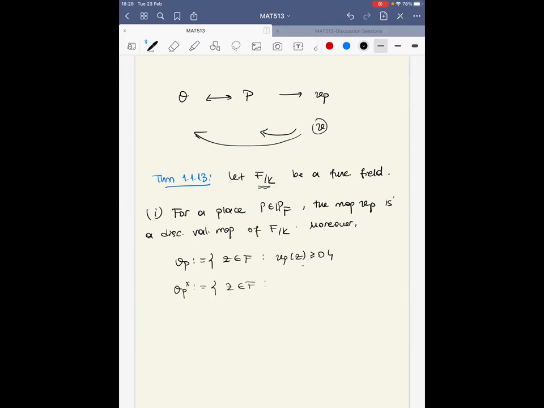And similarly, we can also see that the valuation of a unit is 0, and the maximal ideal contains an element with V_P of S strictly bigger than 0.